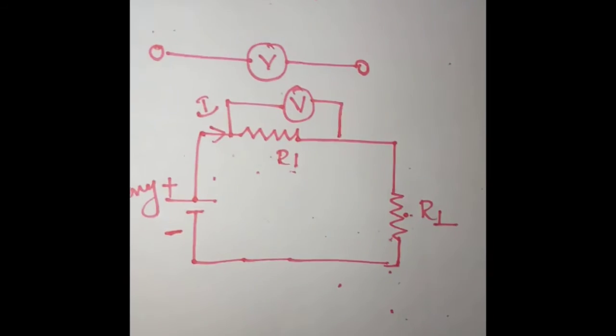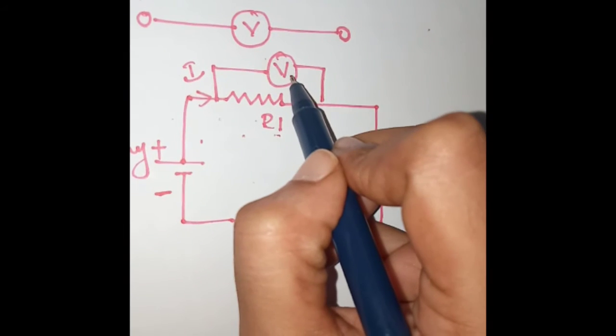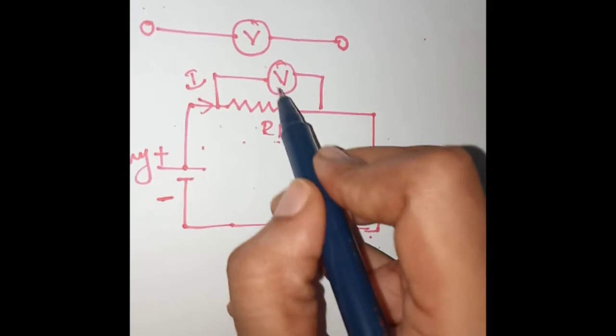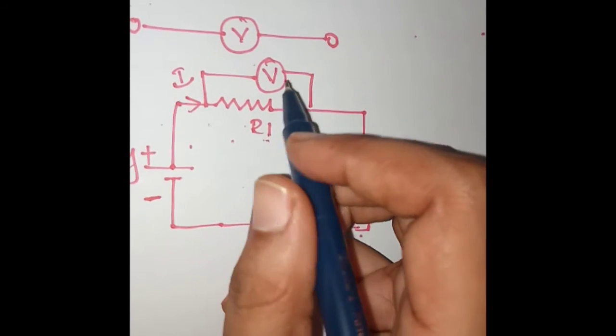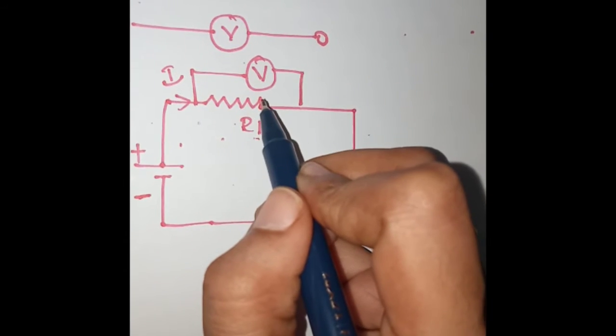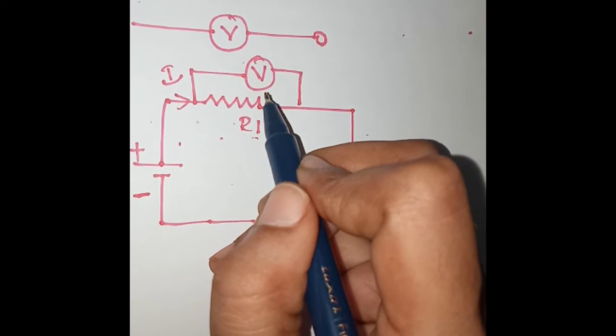That's why the voltmeter is always connected in parallel with the circuit, so that the same voltage drops across it, thus no disturbance occurs here, and the meter gives the correct readings.